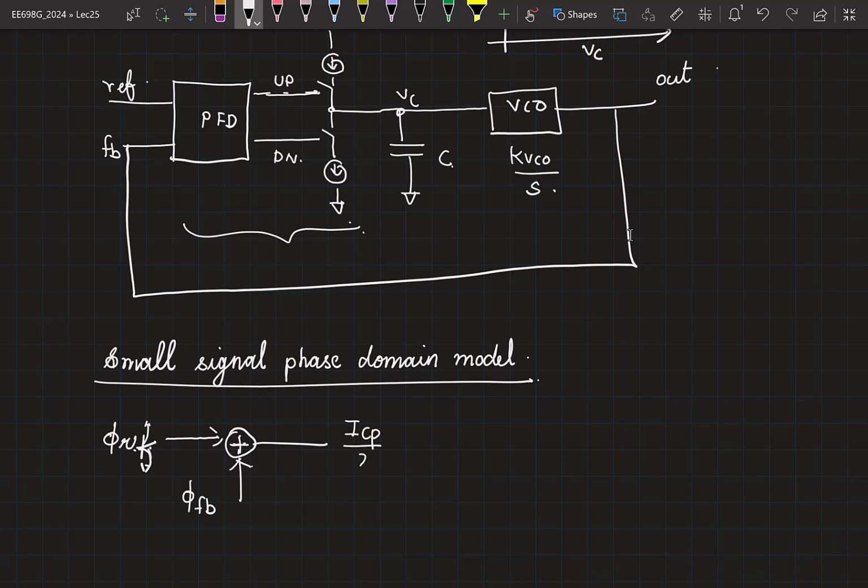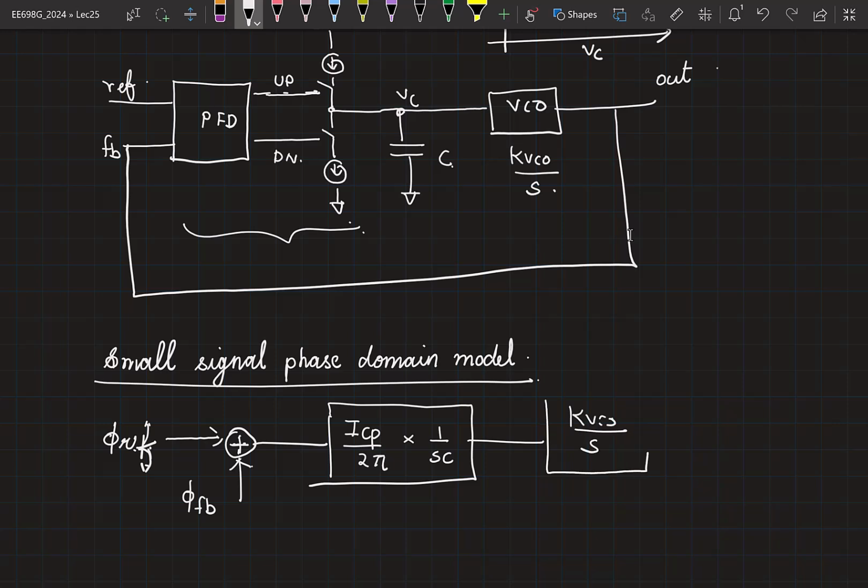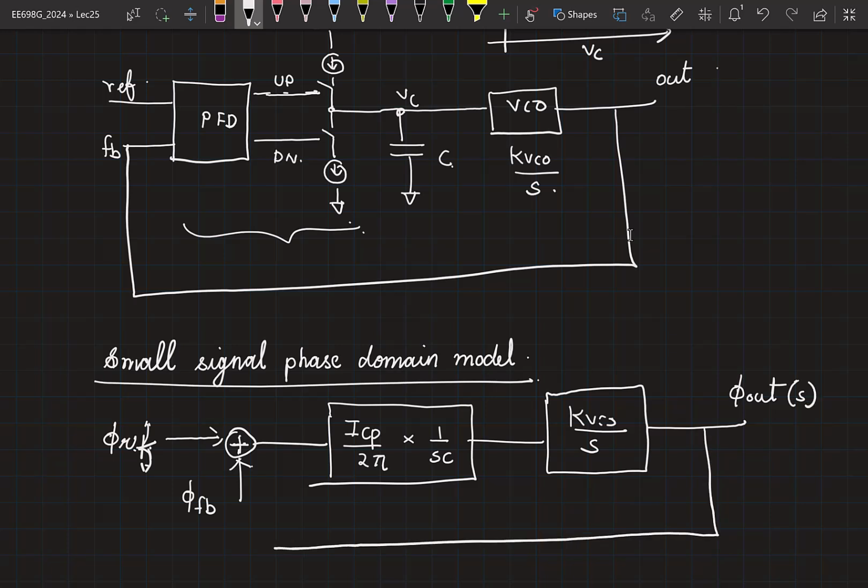You get ICP by 2 pi into 1 by SC, this into K_VCO by S, and this gives you your output. Because I don't have any divider in the feedback path, this is the same as your phi feedback.